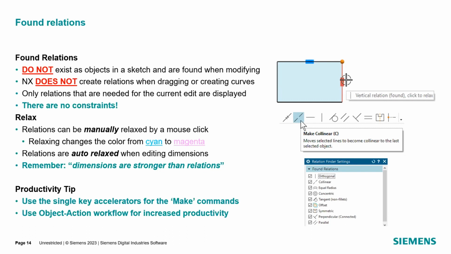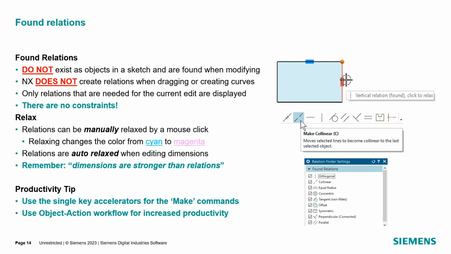So again, there's some manual relaxation that I can do. If I'm changing something and I want to override, I can just literally pick it from the screen. Or in the case of the dimension, it automatically overrides it. It will go ahead and turn it off so that it can adjust the value of the dimension. And again, the reason for that is that the dimensions are stronger than the relations. They take priority in the solver when it's going through that update.